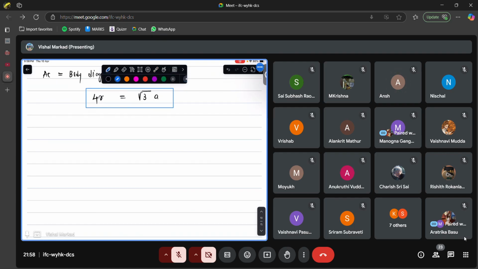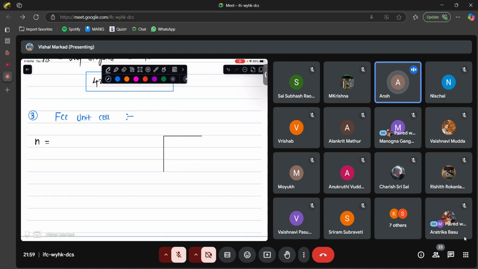Yes. Okay. Now next one. What is the next one remaining now? We have seen simple, then next BCC. Now what is the next one? FCC. FCC unit cell. Now in FCC unit cell, where are atoms present?